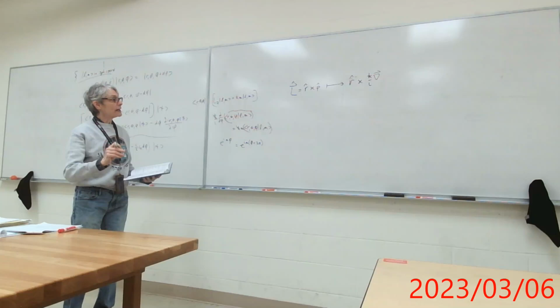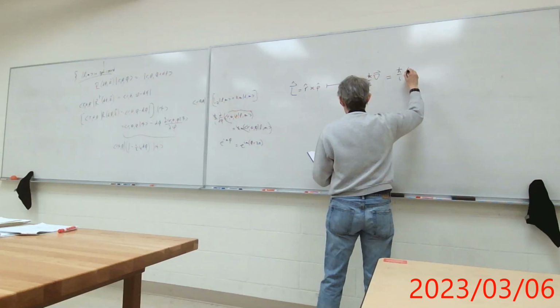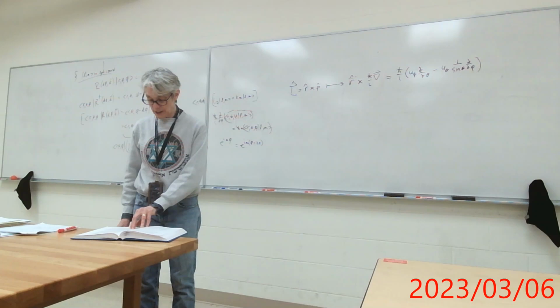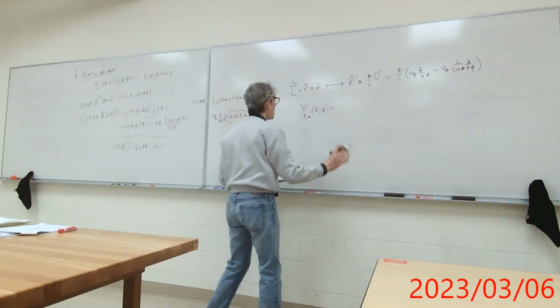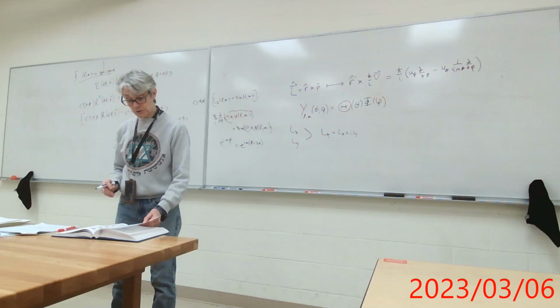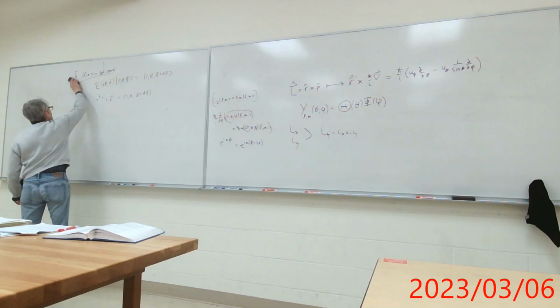to what things look like in coordinate space. So this has two pieces: d squared dr squared plus 2 over r d by dr of r psi plus L squared psi over 2 mu r squared.